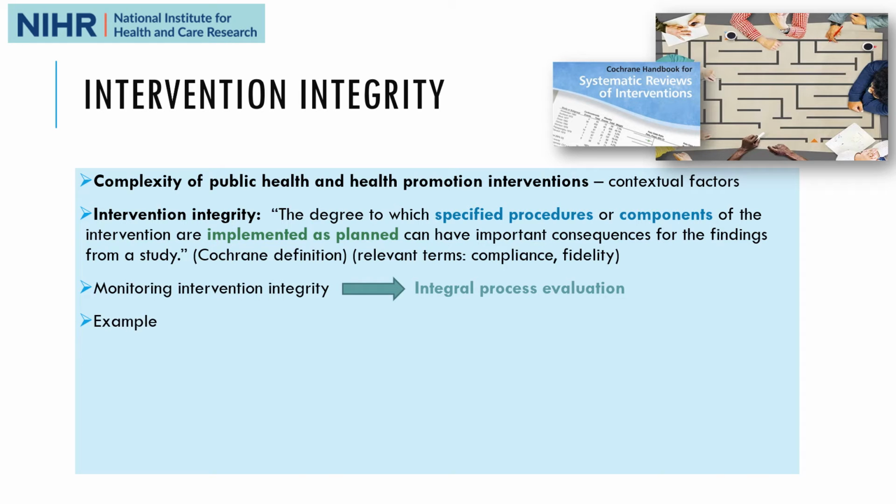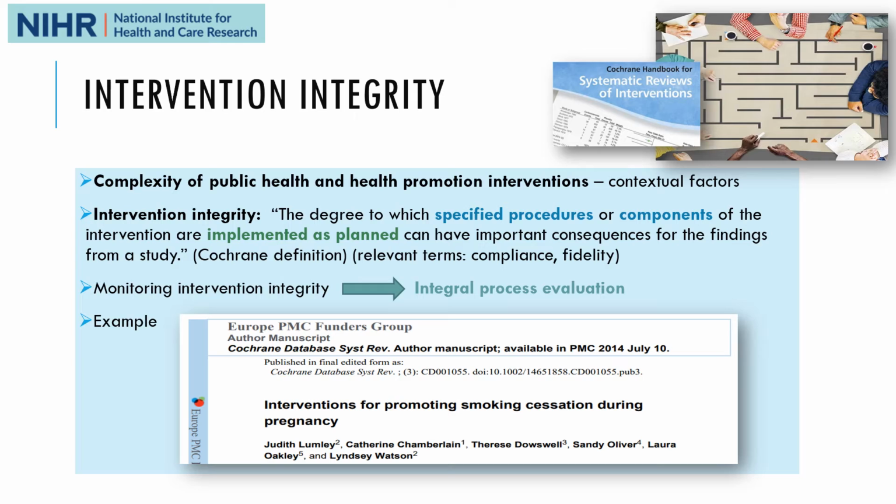For example, in a Cochrane review that evaluated intervention integrity on smoking cessation in pregnancy, first of all, they found that process evaluation of the intervention was only carried out in some trials, unfortunately. But importantly, the review highlighted how transferring an intervention from one setting to another may reduce its effectiveness if components are changed or some aspects of the intervention are culturally inappropriate, for example.